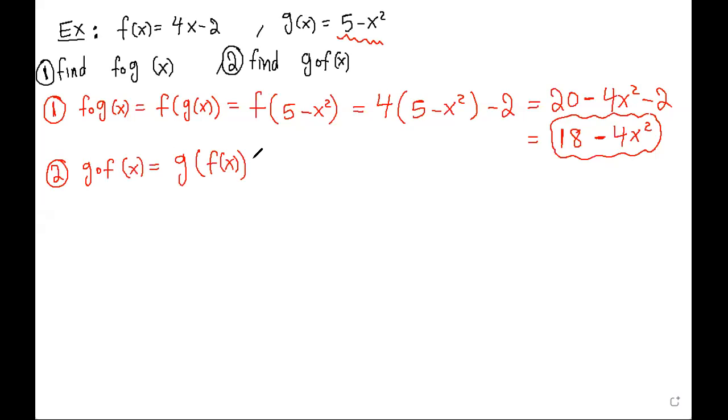Nice. And what is this equal? G of 4x minus 2. Perfect. Nice. Then which is equal, plug this one inside the g. Yeah, 5 minus parentheses 4x minus 2 and parentheses squared.